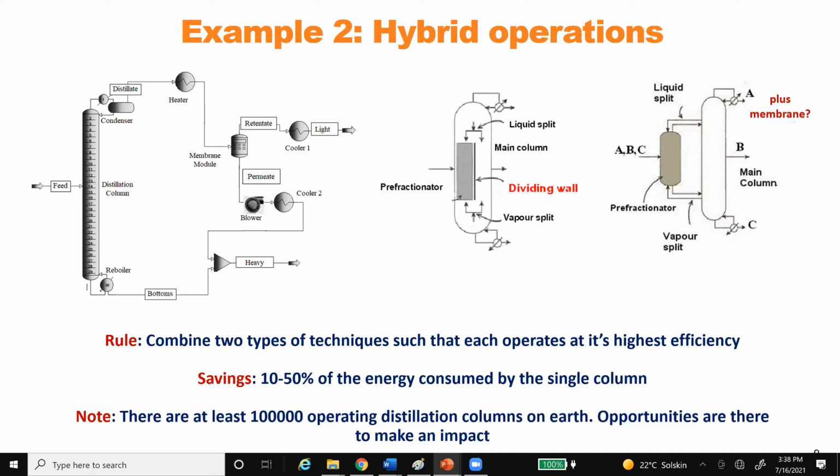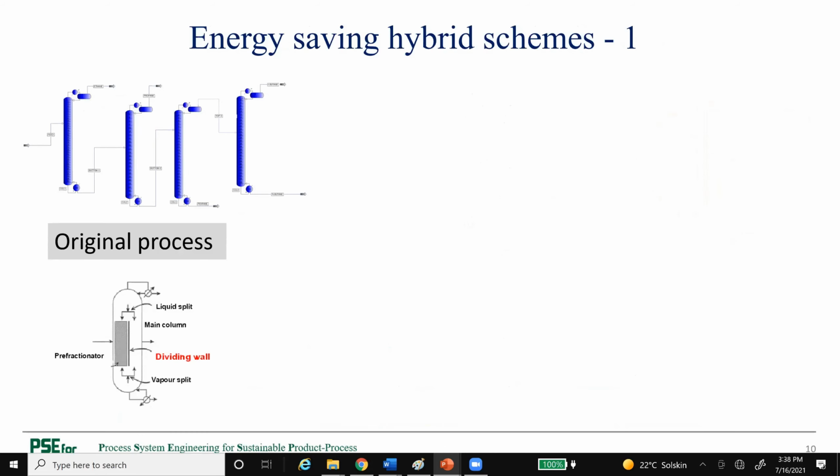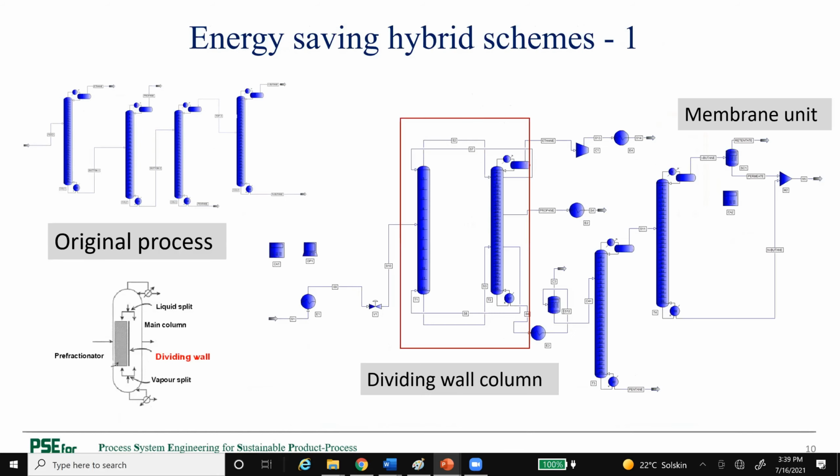So here is an example. We have another 5-compound mixture, and we have 4 distillation columns, and we have optimized it with respect to energy requirement. Can we do further? Yes, we can do by putting membranes, and you will see afterwards how we do that. But we can also do a dividing wall column. We can take the first 2 and combine them together into a dividing wall column.